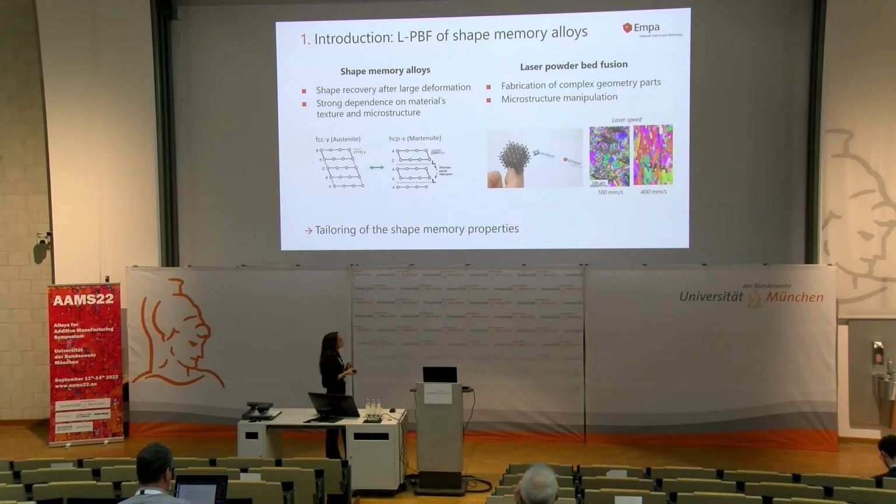But in addition, laser powder bed fusion also allows us to control the microstructure. If we play with the processing parameters, we can really tailor the microstructure of the part. So if we combine shape memory alloys with laser powder bed fusion, we are able to produce parts whose functionality, whose shape memory properties, can be tailored based on the application that we want. And this is exactly our final goal of this project.